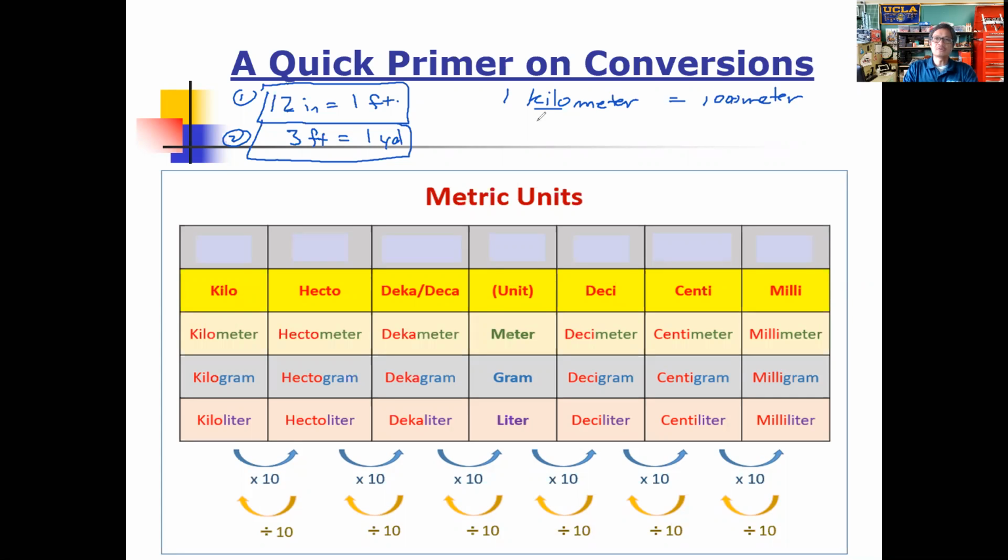Okay, we also have then, for example, centi. I'm sorry, 1 meter here. 1 meter is going to be equal to 100 centimeters.